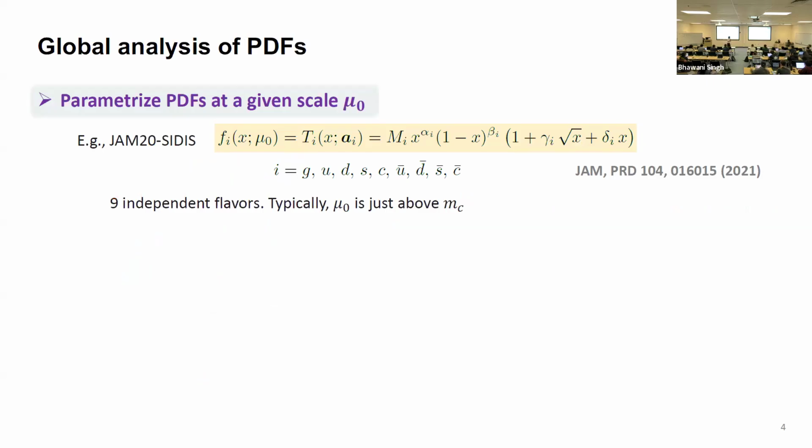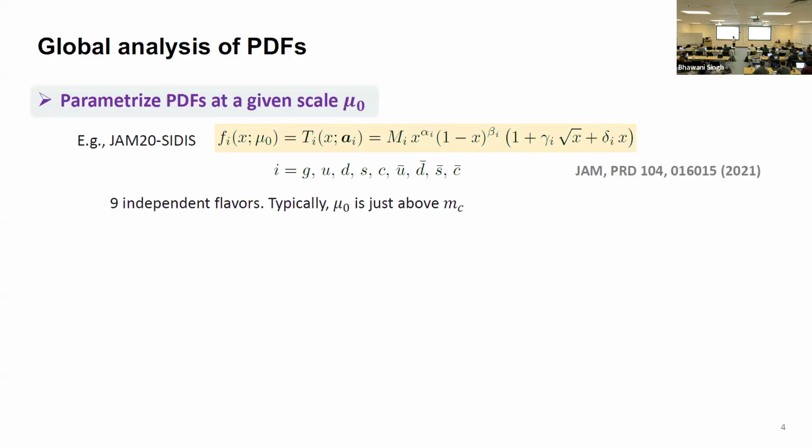And the starting point, as I have just told you, is that the PDFs are universal. They do not depend on what processes we use. So they can be studied at DIS, they can be studied at Drell-Yan, and they can be studied at a few more other processes.